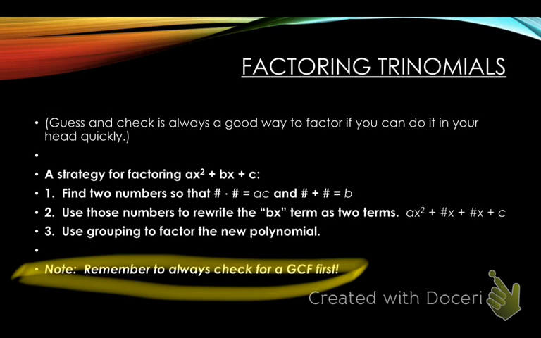From there, you can do guess and check, okay, if you can do it in your head quickly. The biggest one that I've found, especially from last year, is what I call the Xbox method. Students draw the X here, and on the top side you put whatever A is times whatever C is.